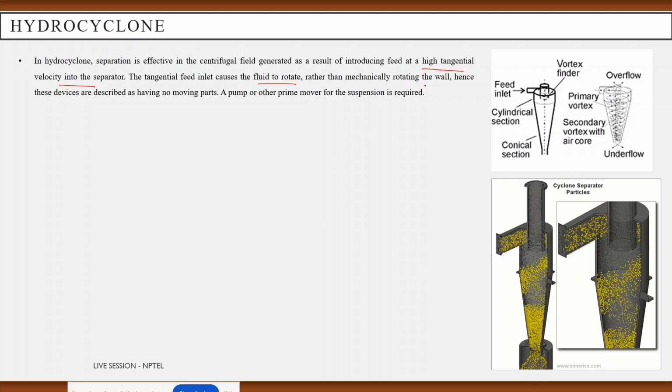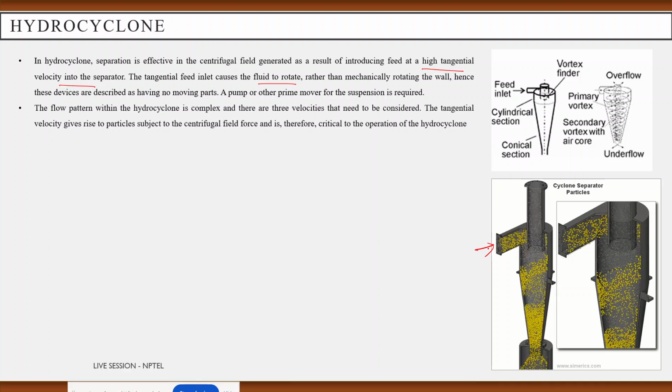Mechanically it is not rotating, so it needs a pump to inject the fluid at very high tangential velocity. The flow pattern within the hydrocyclone is very complex, and there are three types of velocities.